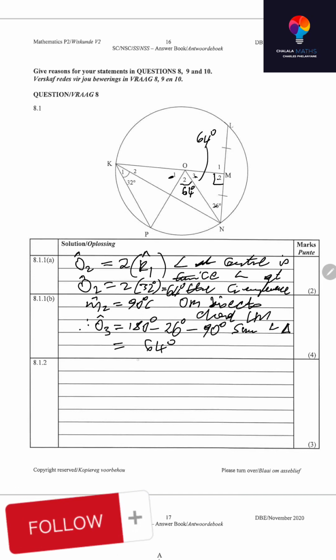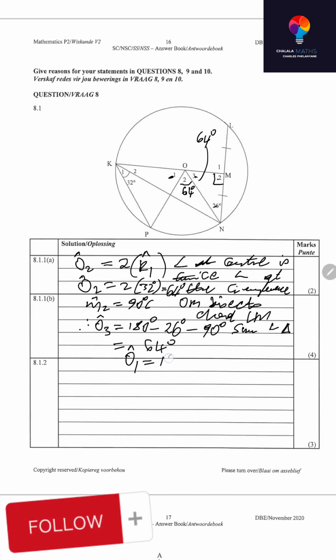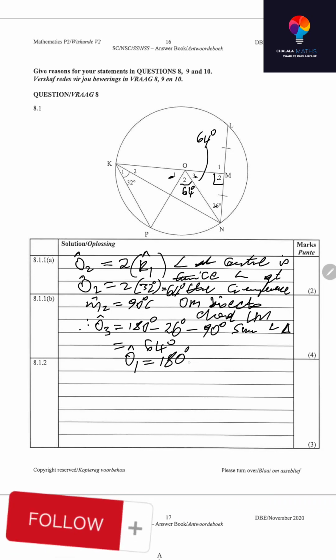Then our angle O1 is going to be 180 degrees minus O3, which is 64 degrees, minus angle O2, which is also 64 degrees.